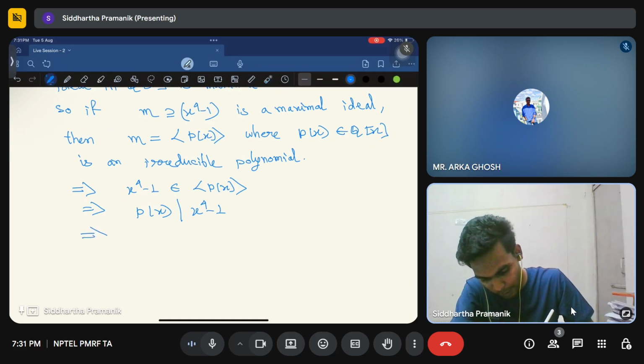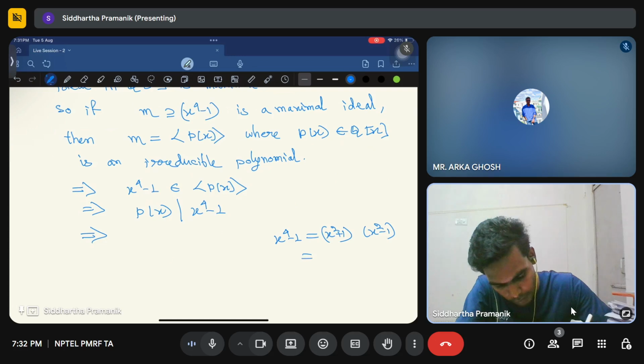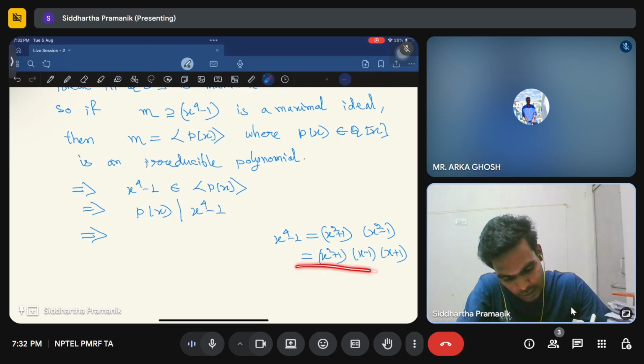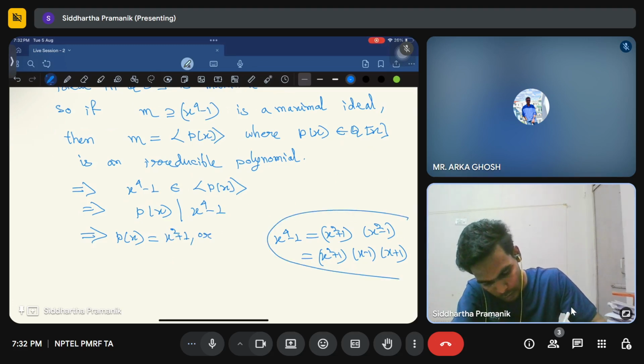So what are the irreducible factors of x power 4 minus 1? We can write it as (x square plus 1) times (x square minus 1). Again we can break the second term: (x square plus 1) times (x minus 1) times (x plus 1). You can check that this is the irreducible factorization of x power 4 minus 1. So p(x) has basically three possibilities: x square plus 1, x minus 1, or x plus 1.